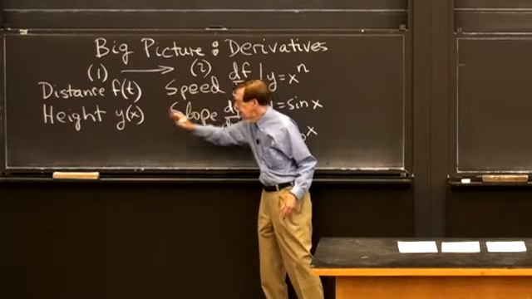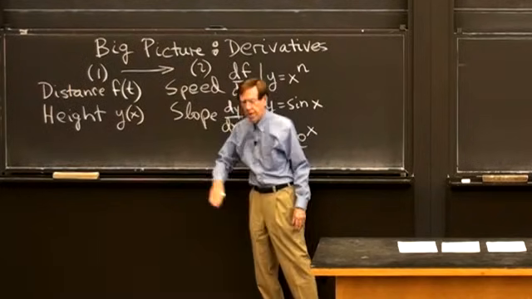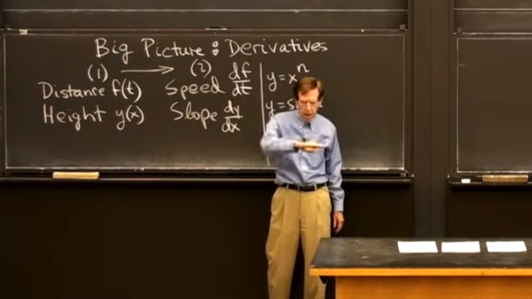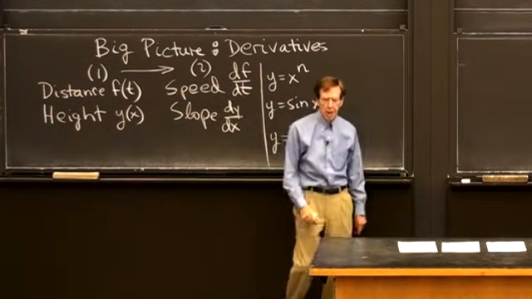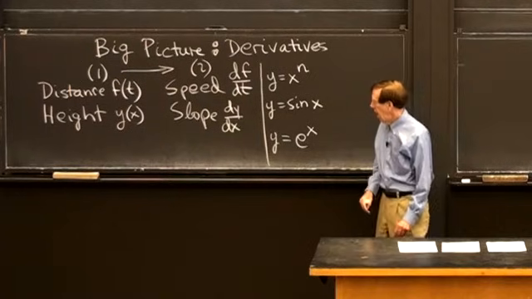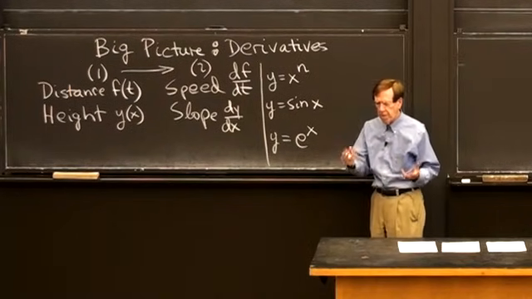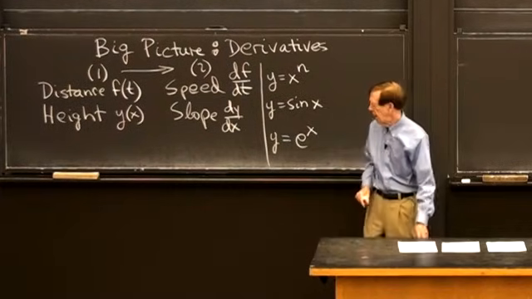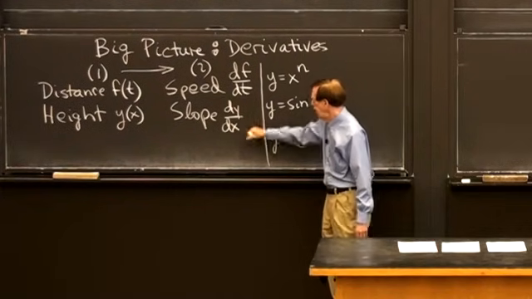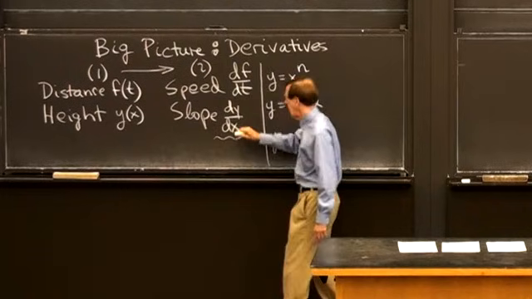And here's the central idea. If I know the height as I go along, I know the height. It could go down. How can I recover from that height what the slope is at each point? So here's something rather important.